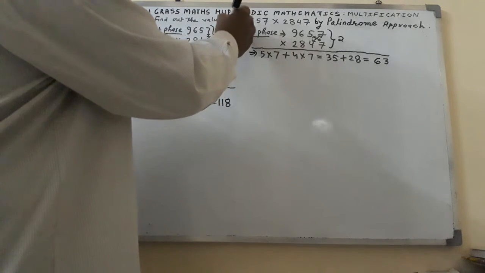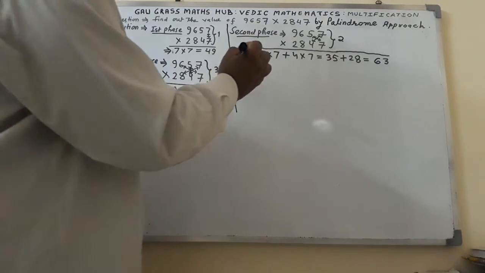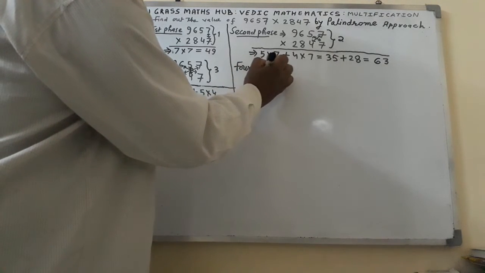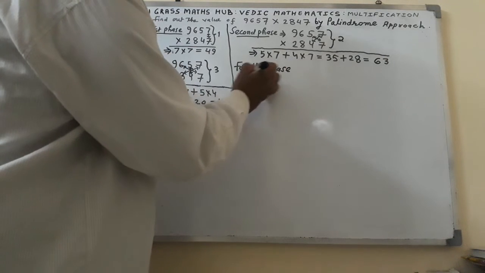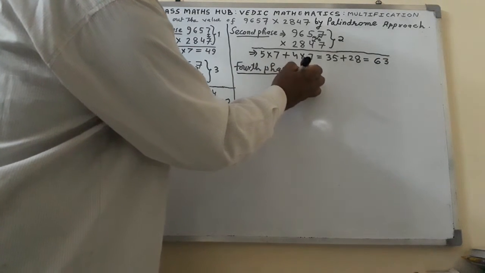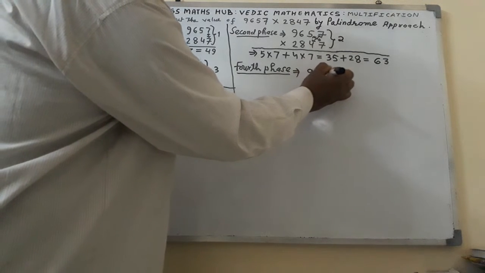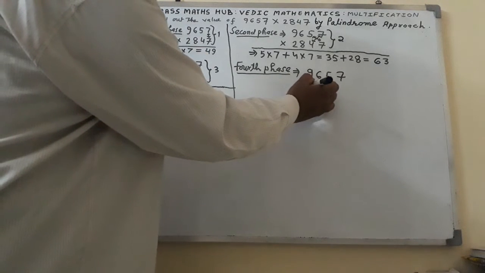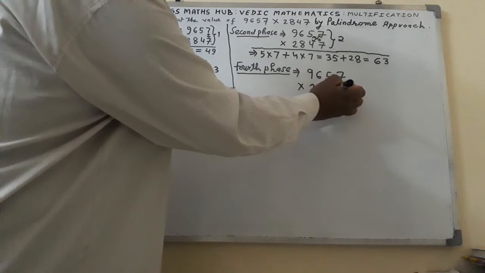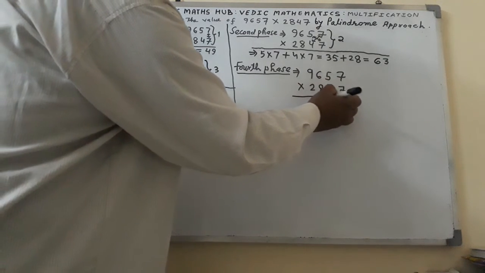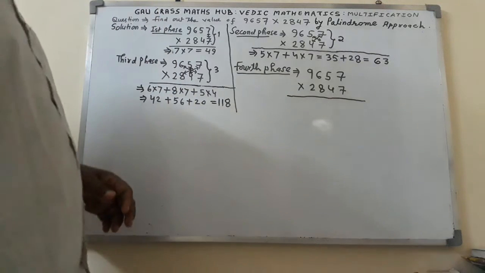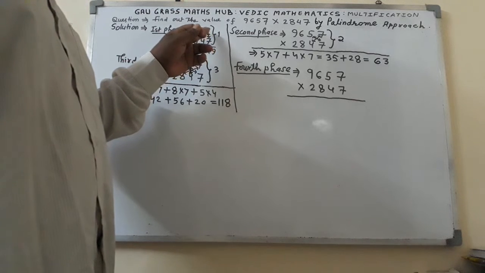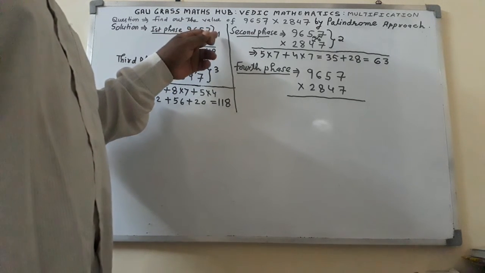Now, fourth phase I shall take here. Fourth phase implied that 9, 6, 5, 7 multiply to 2, 8, 4, 7. In this case, here you have got one vertical line, so 1.